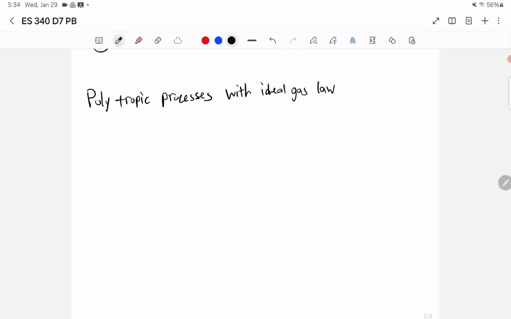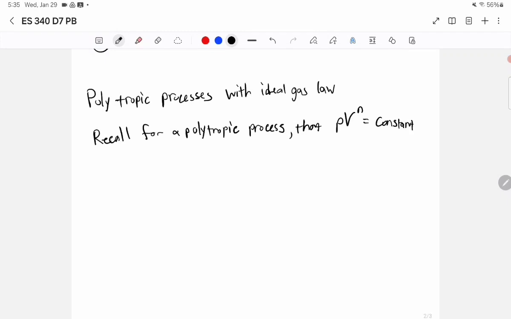So recall, for a polytropic process, PV to the n is equal to a constant. That implies that P1 V1 to the n is equal to P2 V2 to the n, right?